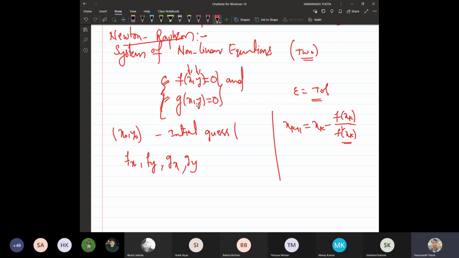Two equations are given in two variables. So for both the functions f and g, both the first order partial derivatives should exist.